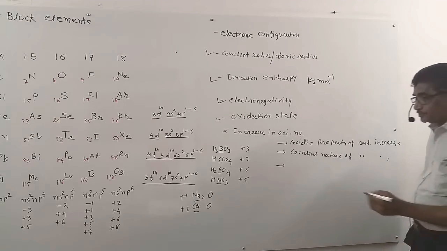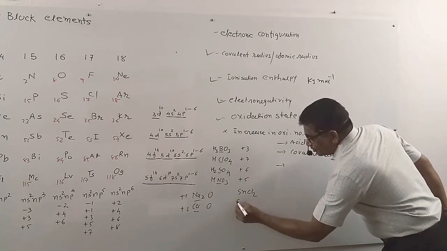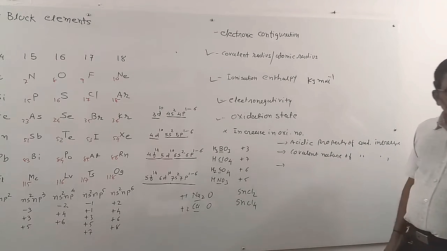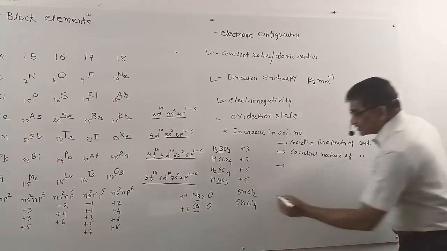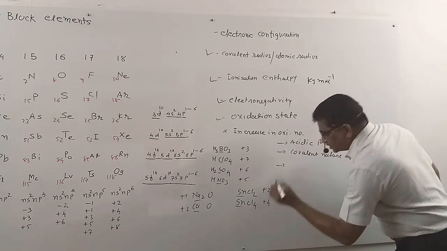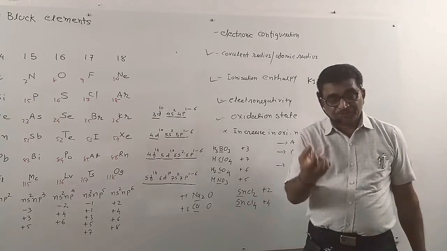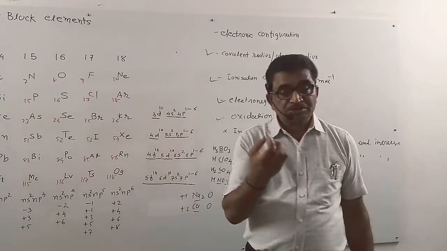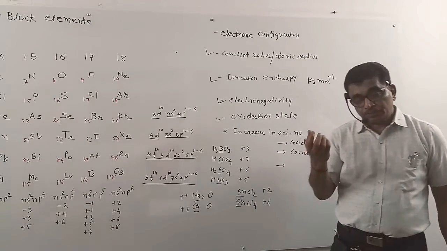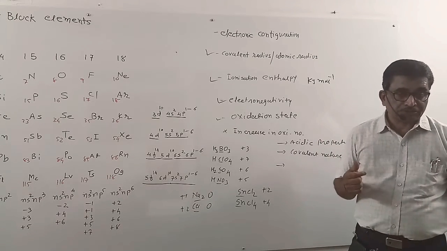As for example, SnCl2 is ionic, while SnCl4 is covalent, because SnCl2 has the stable +2 state, and here it is +4 oxidation number. So the difference between ionic compounds and covalent compounds: the melting and boiling point of ionic compounds is higher than that of covalent compounds.